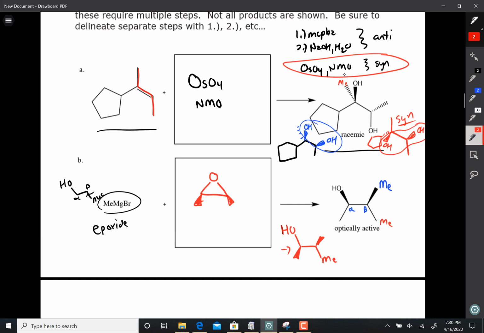If we did the blue one, we would need to redraw the molecule like this. In that case, the epoxide then would be this one.